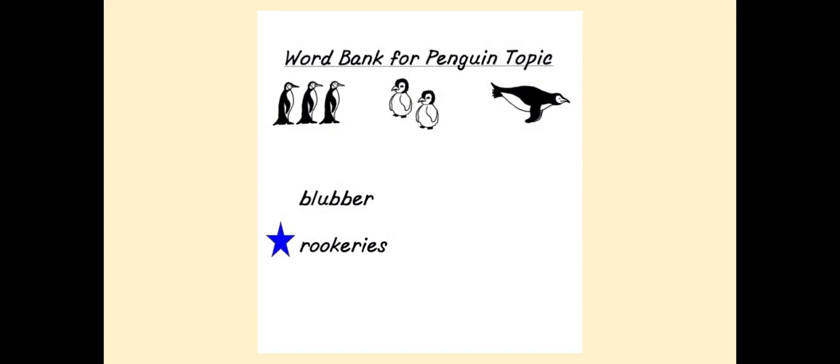Here's another one. Their homes, if you've been learning about them, you might have learned the word rookeries. That is their home. So instead of saying home, you could use the word rookeries. And again, that would give the other person some insight as to how you know that.